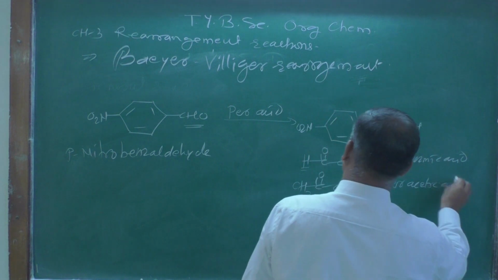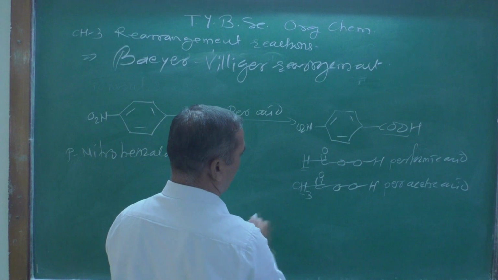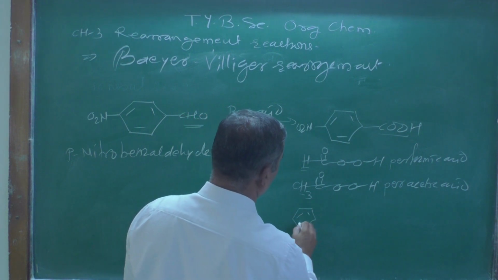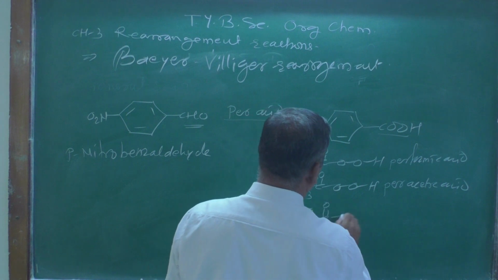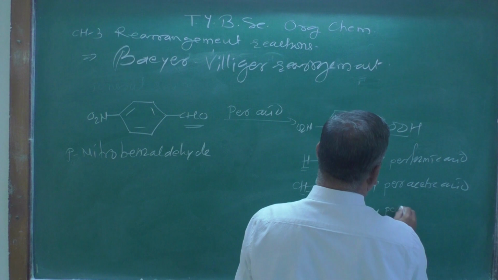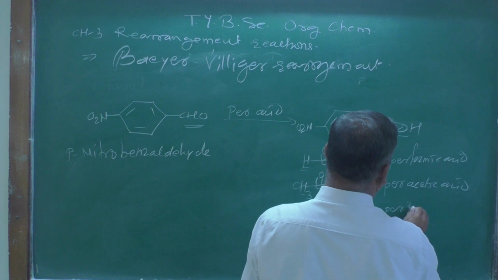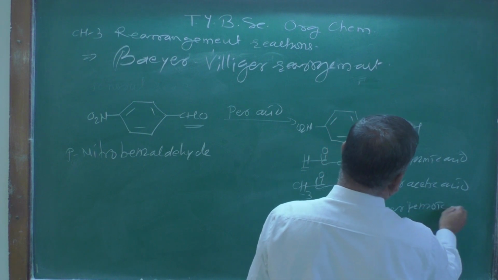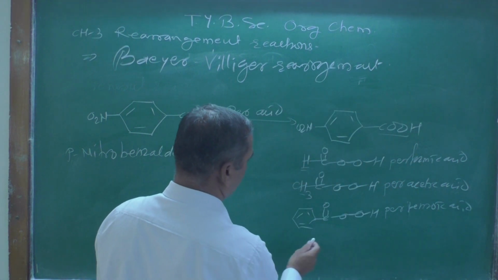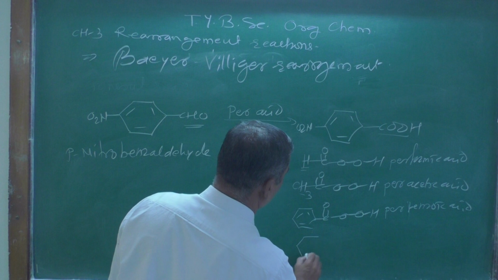acid. And if you take instead of the methyl group a benzene group, then C double bond OH, it is called perbenzoic acid. And if you connect, this is known as metachloroperbenzoic acid.